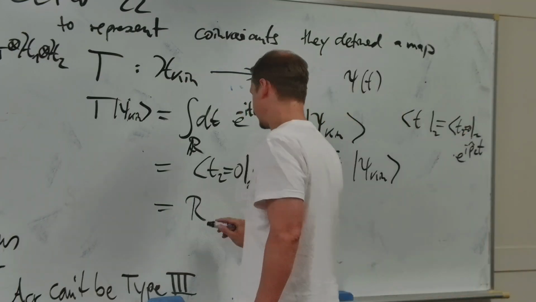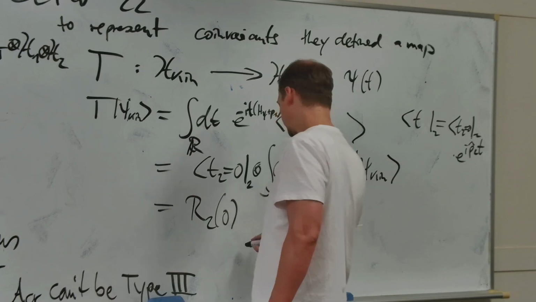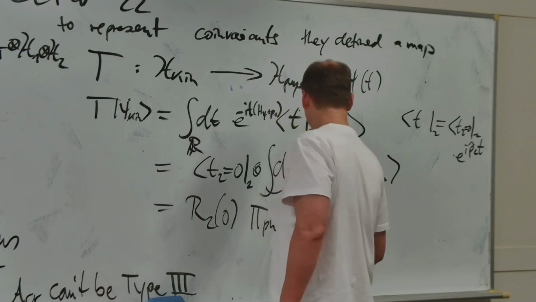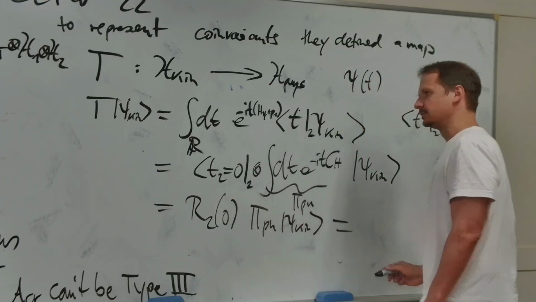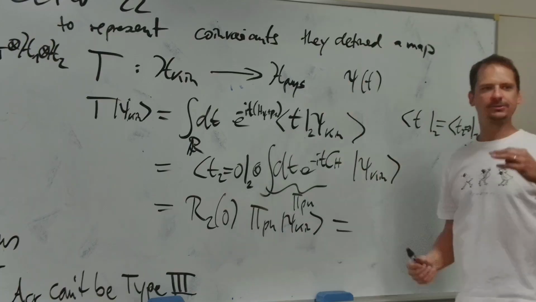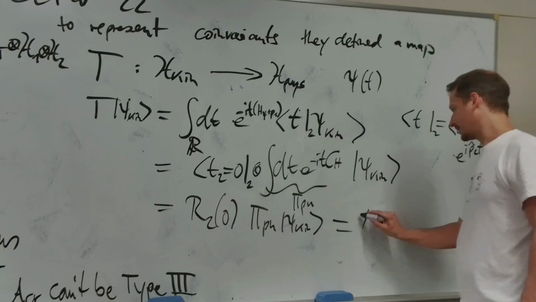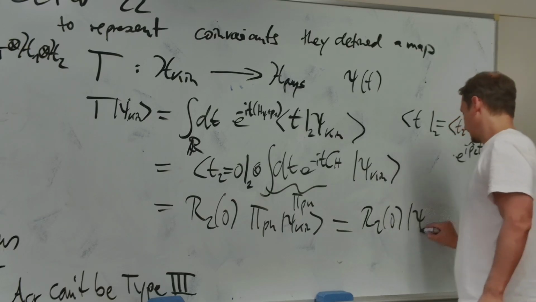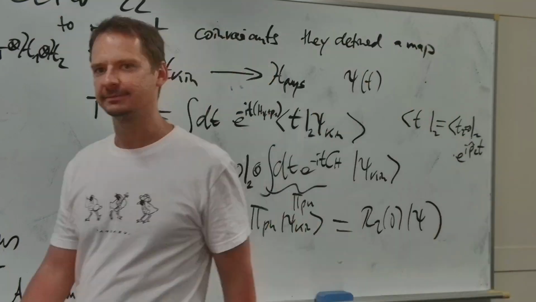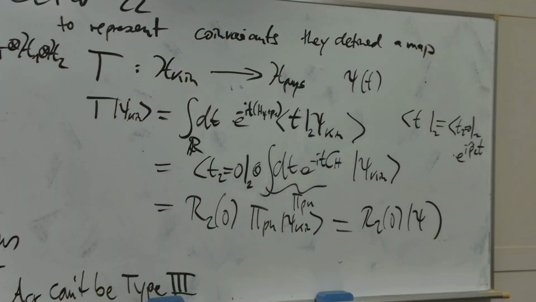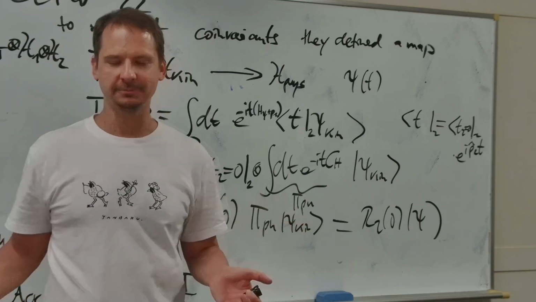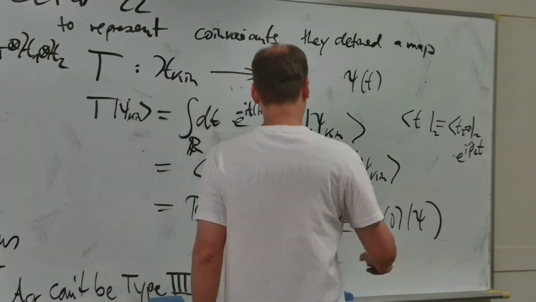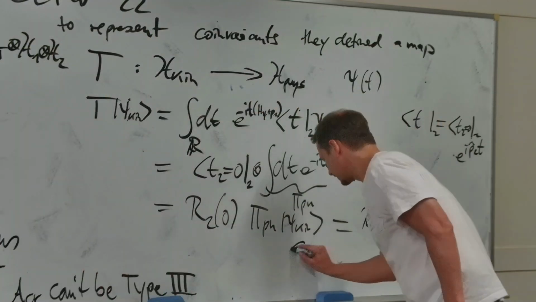So then you see it's R2 of 0 pi pn. So in this loose, sloppy notation that I've done so far, there's nothing else than R2 of 0 of psi. So now you can see that what CLPW have done to describe physical states is equivalent to the Page-Wootters reduction, so it's actually equivalent to the perspective neutral approach.